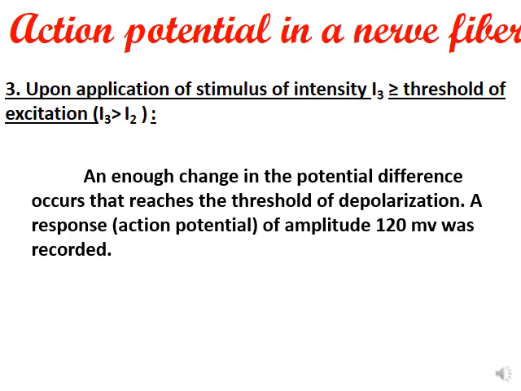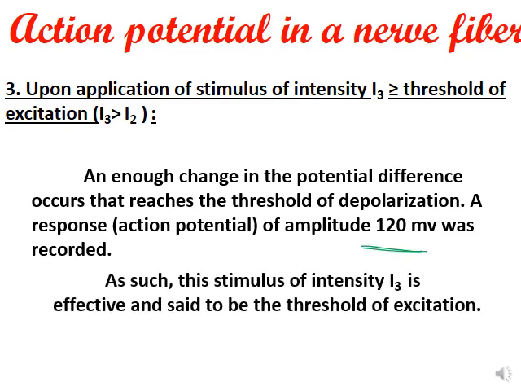So minus 70 to 0 is 70, plus 50 millivolt is equal to 120 millivolt. So the stimulus is said to be an effective one. Effective, why? Because it causes the appearance of the action potential. So from now on, the first stimulus that causes the appearance of an action potential is said to be the threshold of excitation.